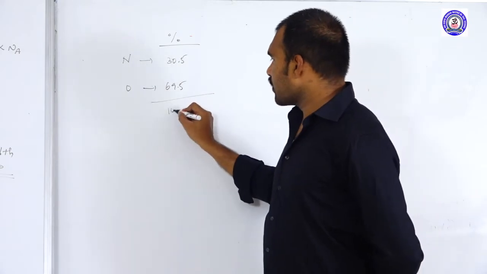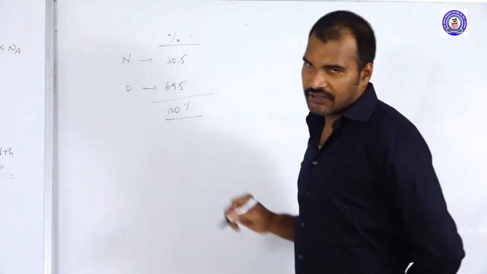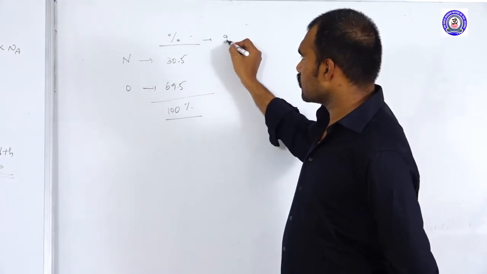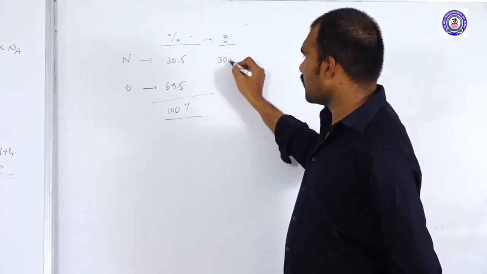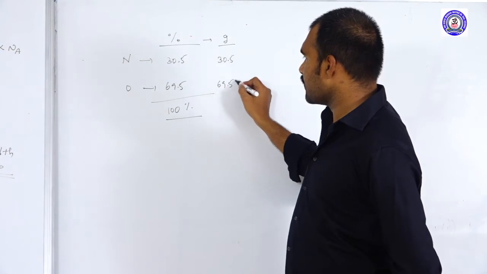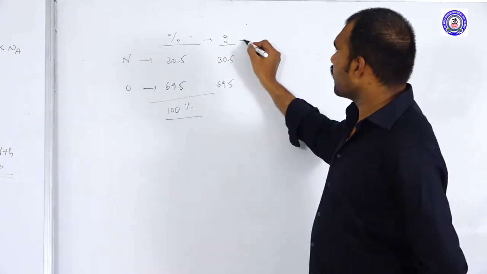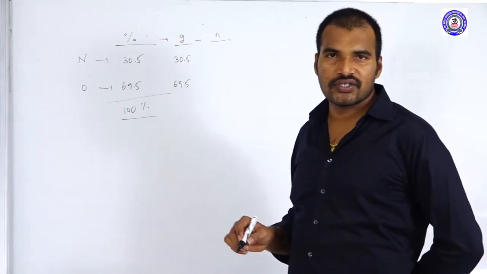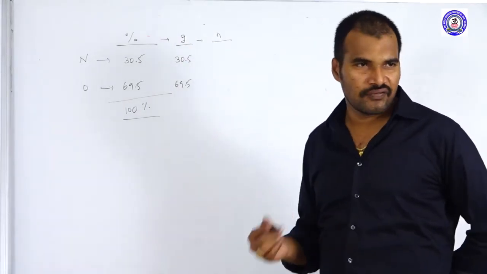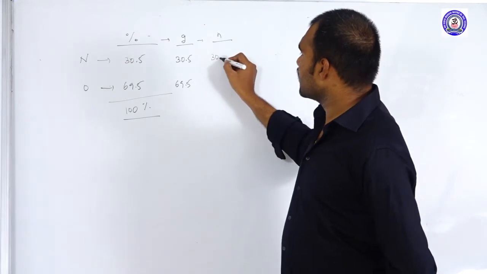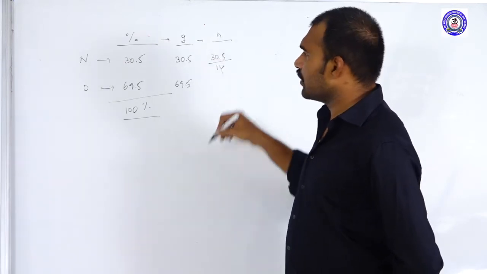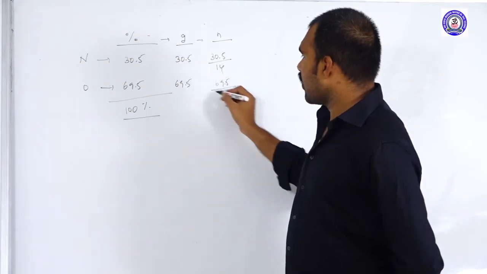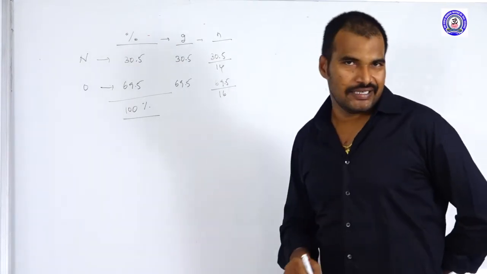Make sure that the total percentage should be 100%, and you can consider these percentages as grams. So the grams are 30.5 grams and 69.5 grams, and thereafter you calculate the number of moles of atoms. Number of moles of atoms is equal to given weight by its atomic weight, that is 30.5 by 14 and 69.5 by oxygen atomic weight 16.